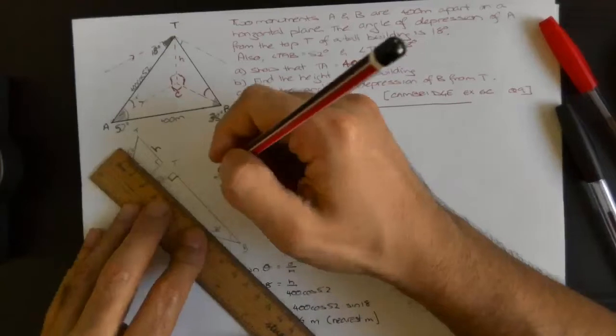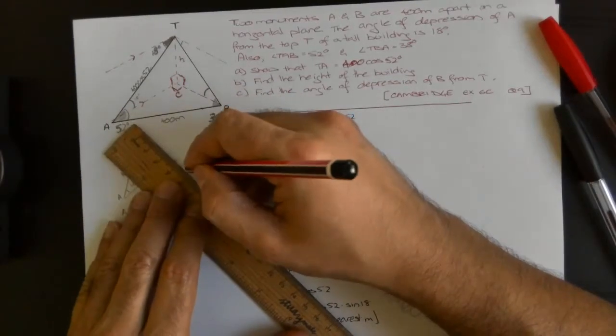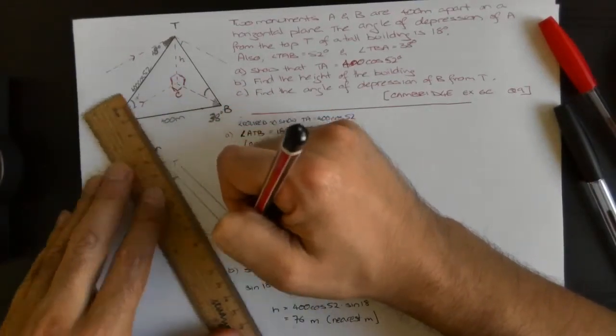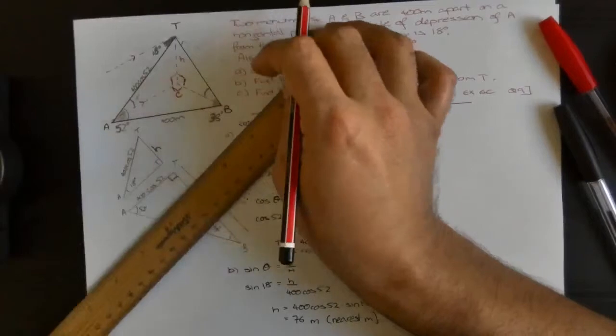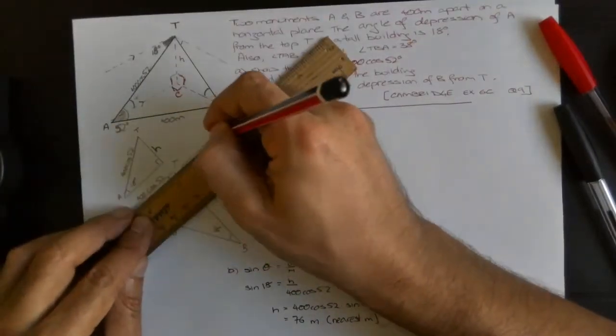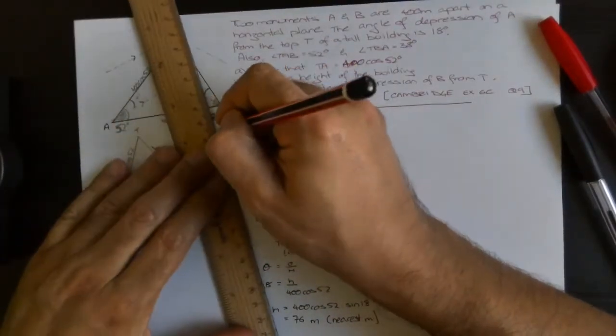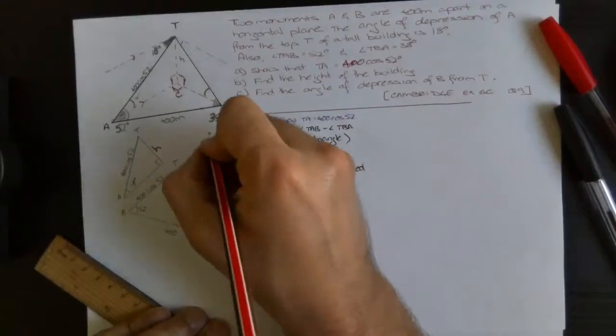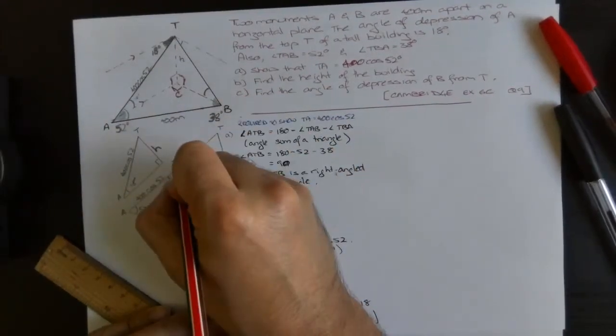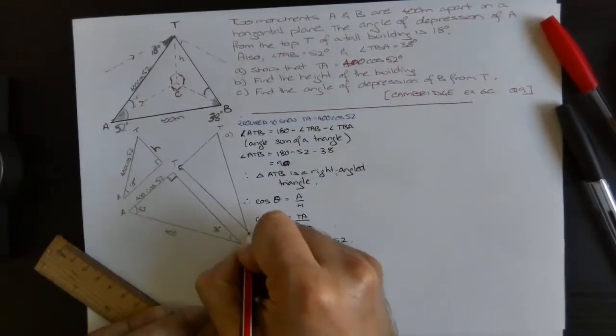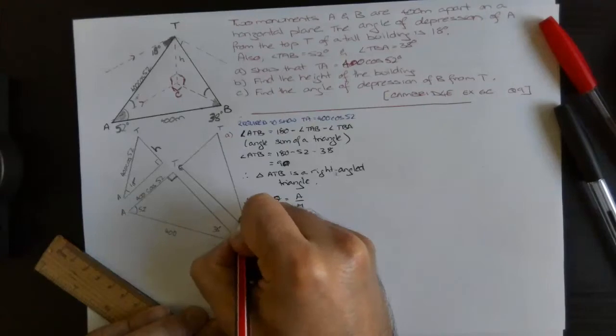So we now have this other triangle on this side. We've got T, C, B. We're trying to find this angle here.